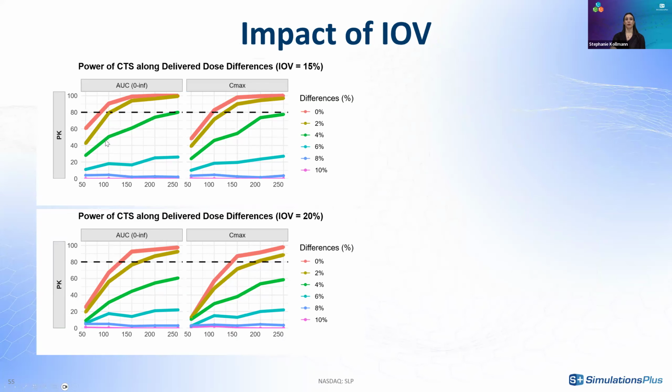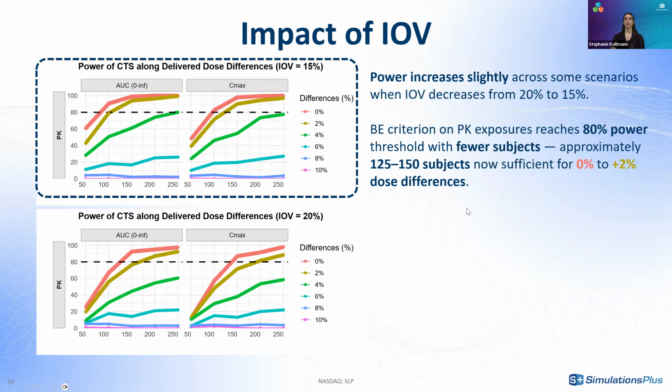The upper plot here shows the power curves for IOV of 15%, while the lower plots reflect the same plots that we have just seen, based on IOV of 20%. And you can see that the curves shift upward slightly. The power curves are steeper, indicating less dispersion and greater precision in PK exposure estimates.